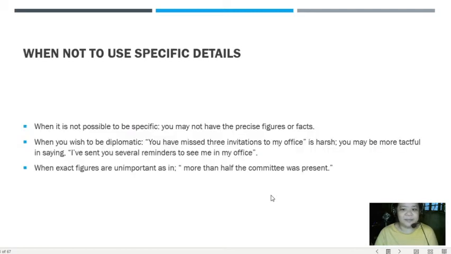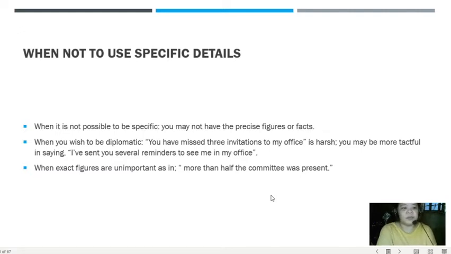Let's continue. When not to use specific details? Sometimes in communication, it is a balance. It's like a dance. Although we say use specific details, there are some situations when giving specific details will defeat the purpose of your message. For example, when it's not possible to be specific, you may not have the precise facts or figures.